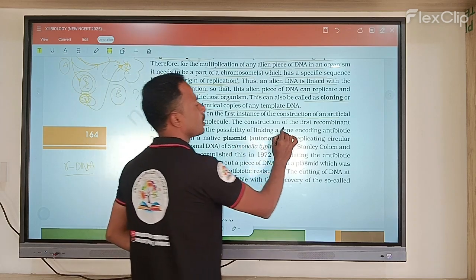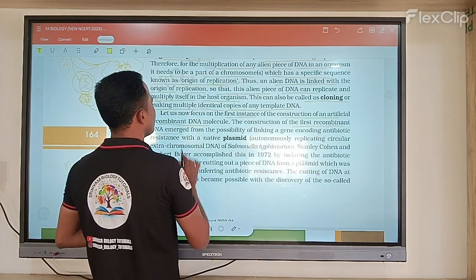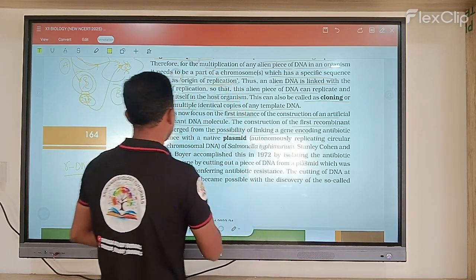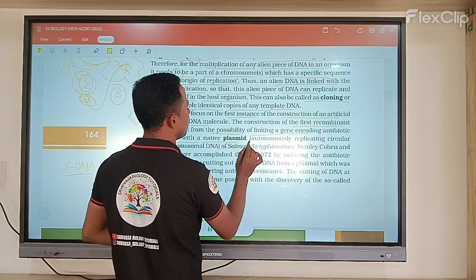The construction of the first recombinant DNA emerged from the possibility of linking an antibiotic resistance gene with a native plasmid.